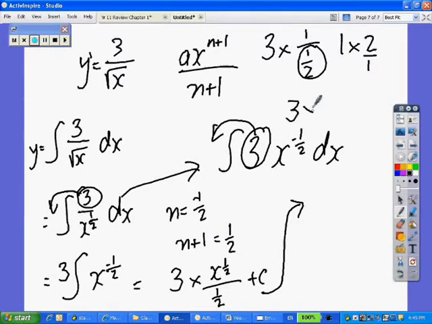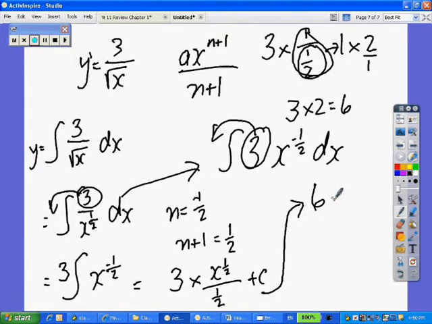So that's where we get 3 times 2, which is 6.